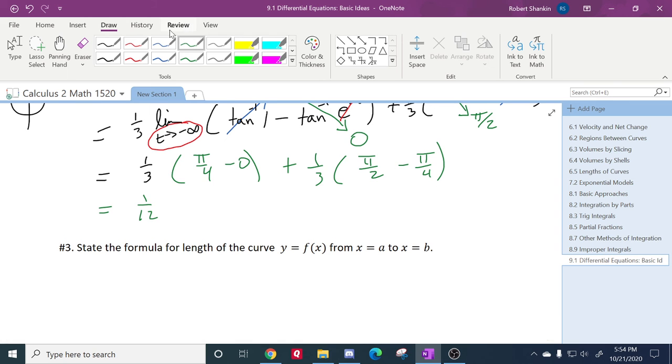Pi over 2 minus pi over 4 is 2 pi over 4 minus 1 pi over 4, which is pi over 4. So this is pi over 12 plus another pi over 12, which is pi over 6. That's my final answer.